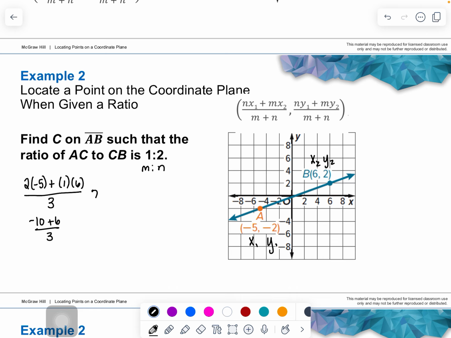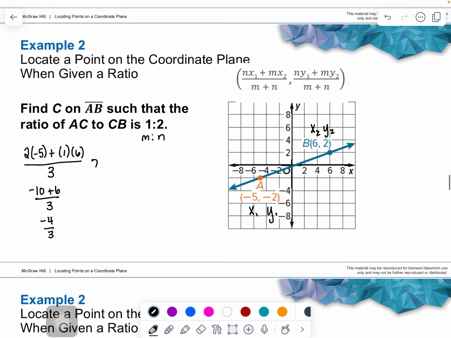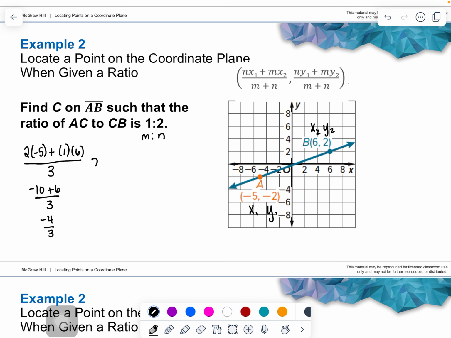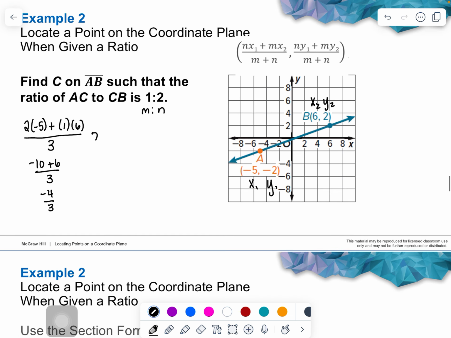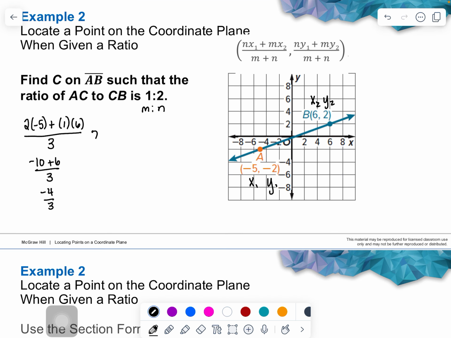And -10 plus 6 is -4 over 3. Did I do that right, guys? Are we feeling good about that? I think I'm okay with that. -4/3.